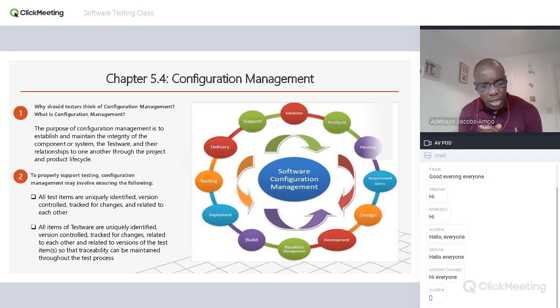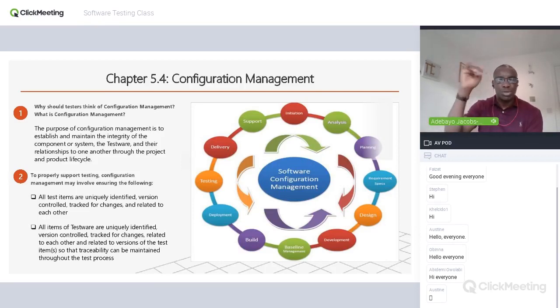Now, this one here, it doesn't really come up verbally, physically, all the time. But you will come across this a lot as well. Configuration management. And the reason being, most of the products nowadays, well, from time immemorial, they are modular.